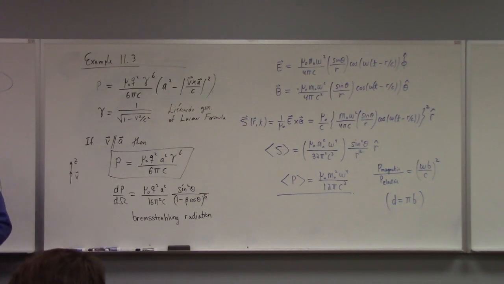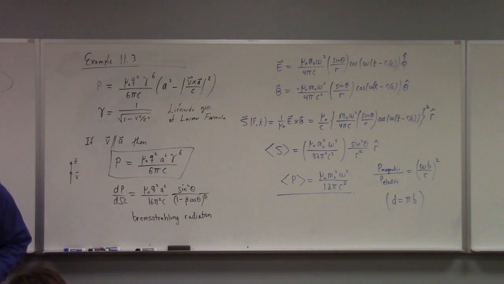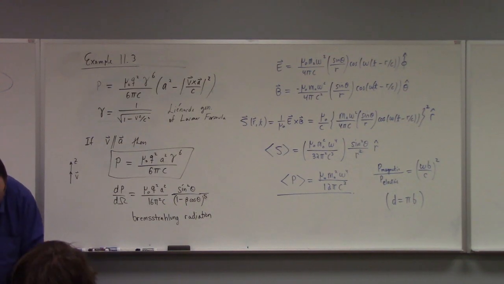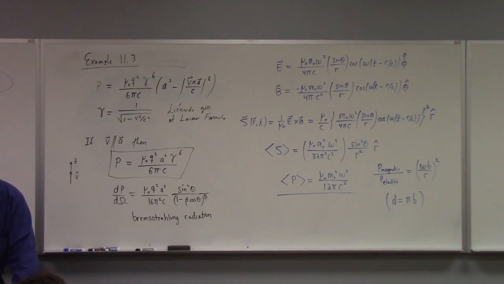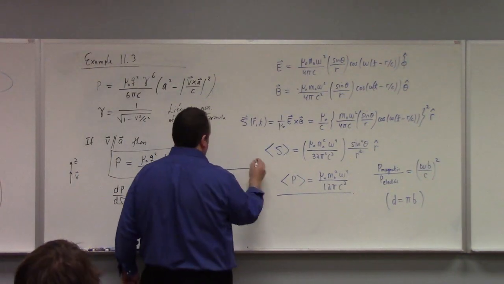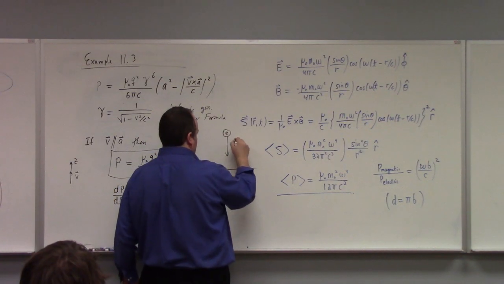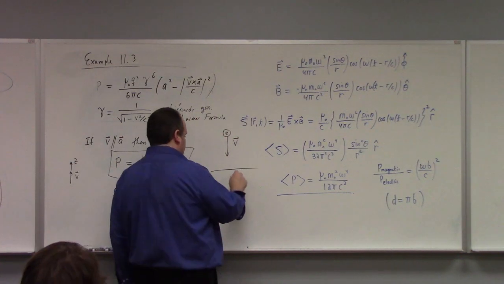As he says, although there is still no radiation in precisely the forward direction, most of it is concentrated within an increasingly narrow cone about the forward direction. A typical example: you've got an electron, and it's got some stupidly large velocity, and down here you've got stuff.